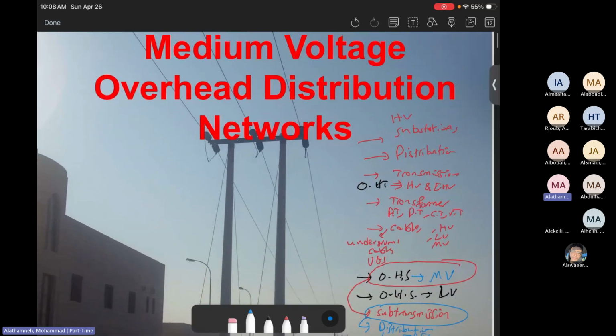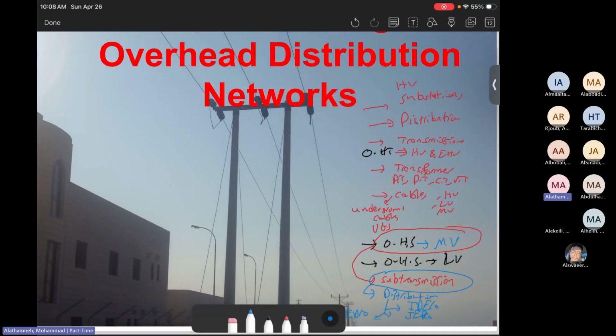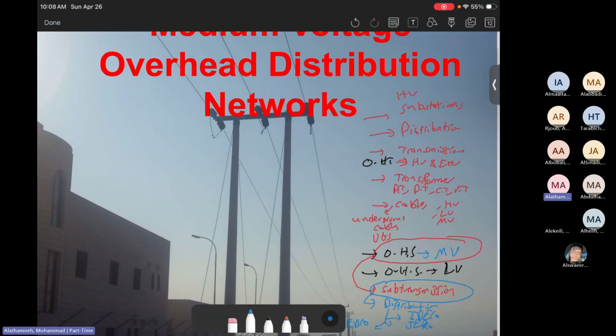Okay, so again, medium voltage as an example. These medium voltage poles that we can see everywhere. As we mentioned earlier, when you are going downtown or inside the cities, you will not see the medium voltage poles. There will be underground cables. While outside of the cities or outside of the downtown areas, you will see these kinds of poles.